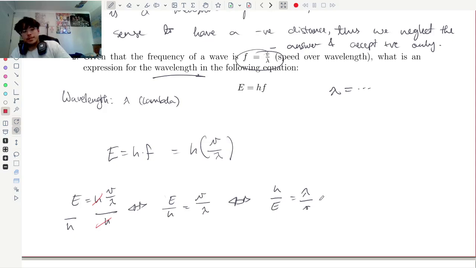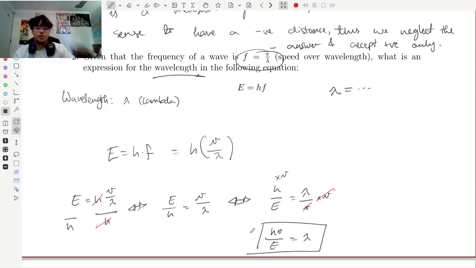And now I can times both sides by v. And then I notice that this will cancel here. And now I have hv on E is equal to lambda. So this is the form that we want. Okay.